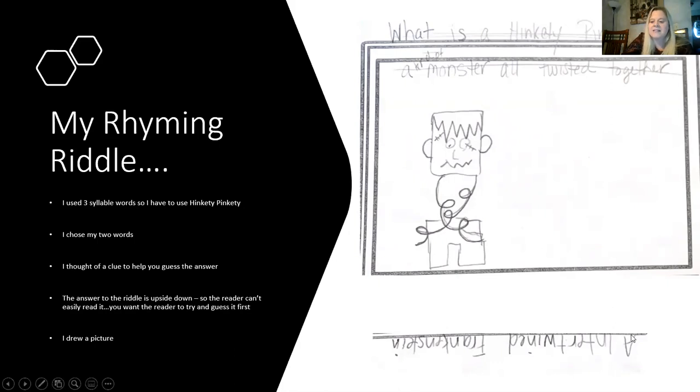My answer is an intertwined Frankenstein. You go ahead and go back to the word lists or use your own. Pick two words that rhyme and think of a clue, draw a picture, and then make sure you write your answer upside down so that your reader can't easily see the answer.